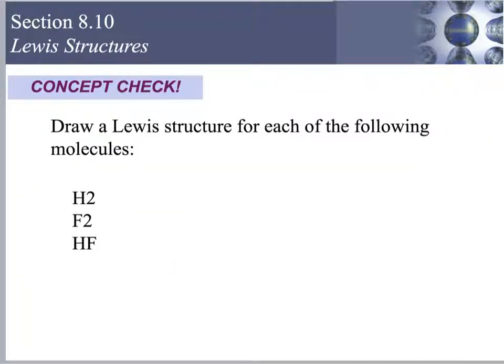So in this case, we already did hydrogen, so the Lewis structure for hydrogen is just going to be H. For fluorine, each fluorine is 7 electrons, so we're going to have a total of 14 electrons.